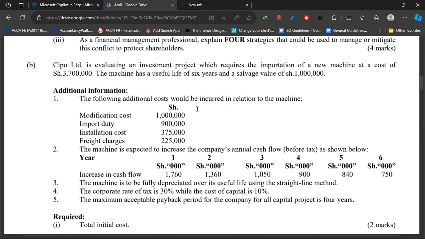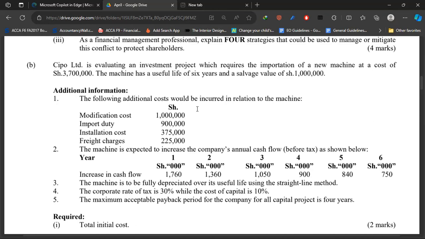The following additional costs will be incurred in relation to the machine. Modification cost 1 million, import duty 900,000, installation cost 375,000, freight charges 225,000.